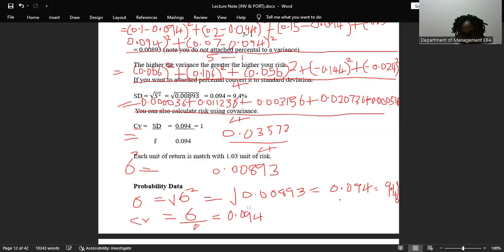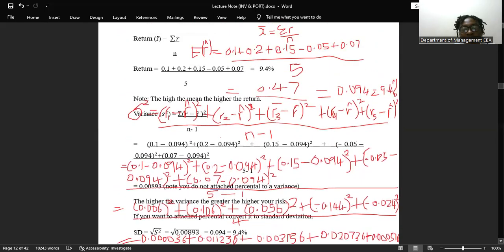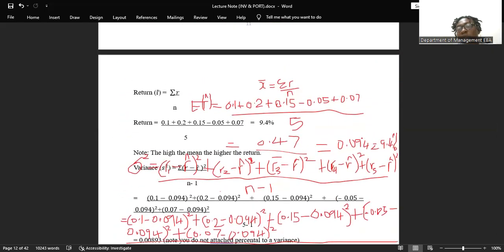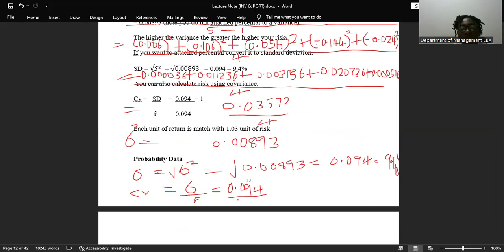That's our standard deviation, all over the rate of return. What is the rate of return? It's what? 0.094. Yeah, getting what? 1. Are we okay?